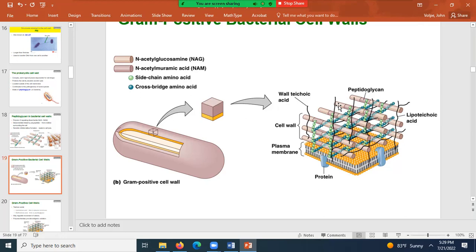However, ions do not need teichoic acid to move in the cell wall because ions are soluble in water, and water can move right through the cell wall. Any question about any of that?